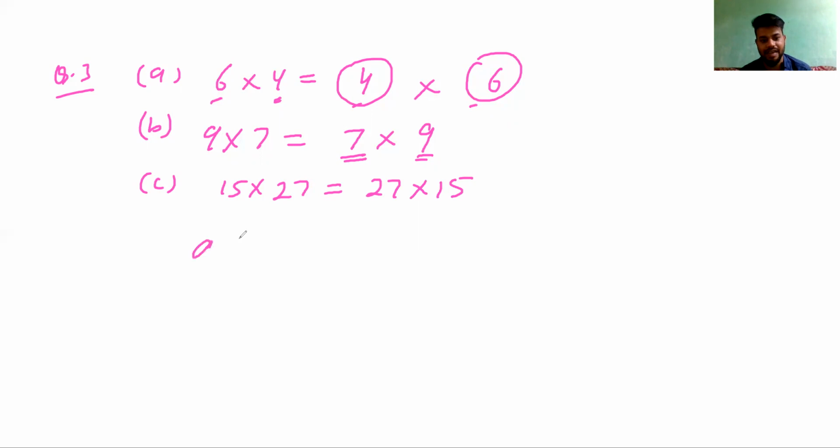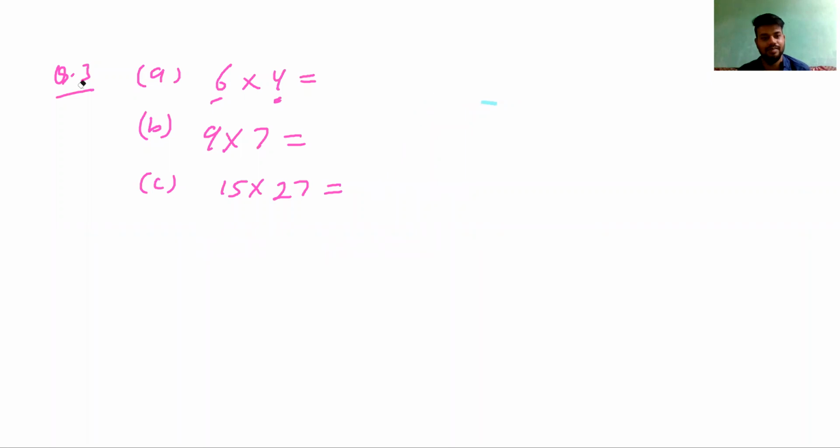For example, if I write A into B, you have to write B into A. So 6 into 4, you will write 4 into 6. 9 into 7, you will write 7 into 9. 15 into 27, you will write 27 into 15.